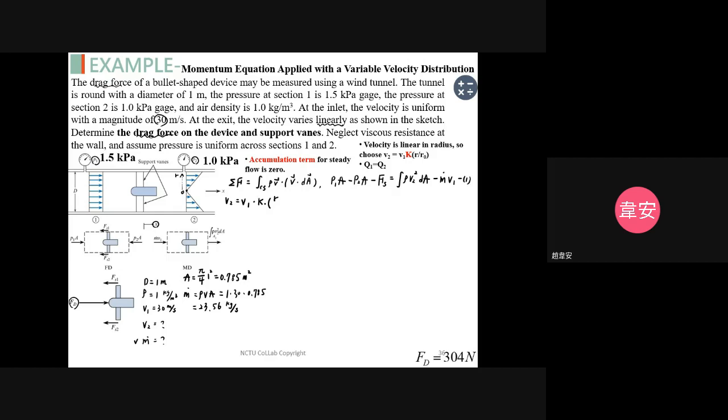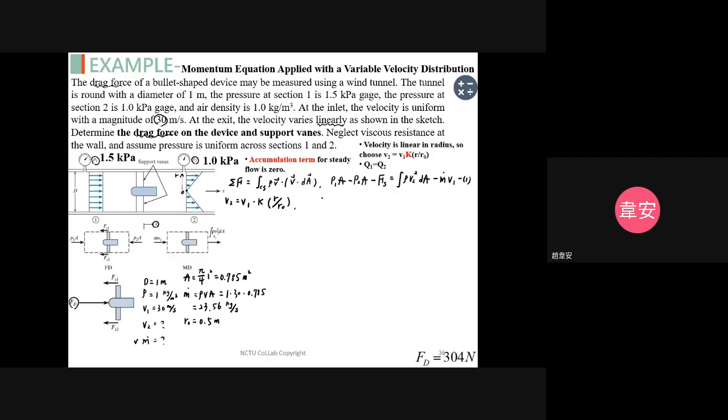So we use K to indicate the slope of the velocity profile, and this is our radius, and the maximum radius is R0. So what is R0? R0 is half of diameter 1, so this is 0.5 meters. So we assume this is our velocity profile function for velocity 2.